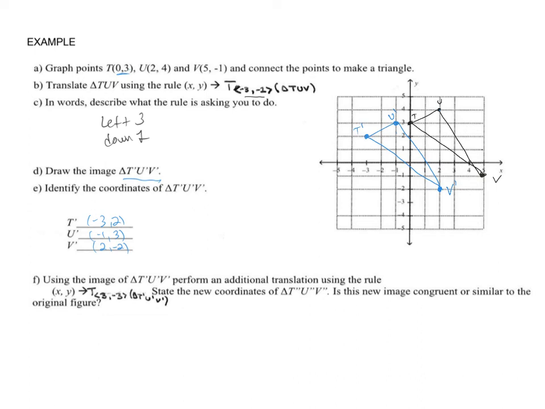Okay. Now we're going to do the composition. It says using the image T prime, U prime, V prime, perform an additional translation. So again, now we're going right 3 and down 3. And that's from our blue image, our second image we drew. So to the right 3, and then down 3.